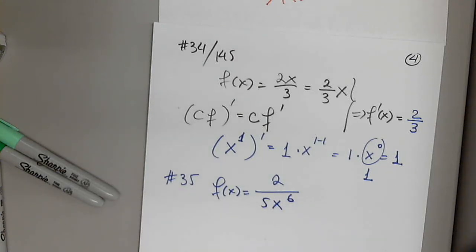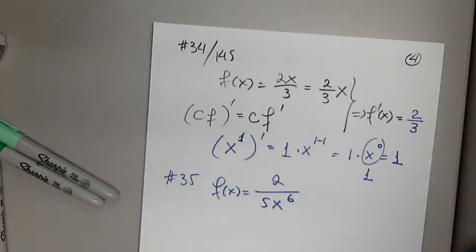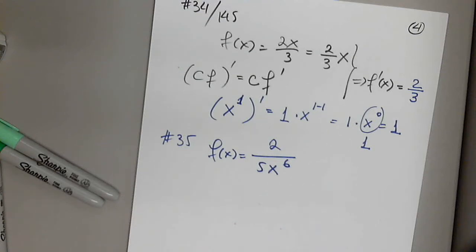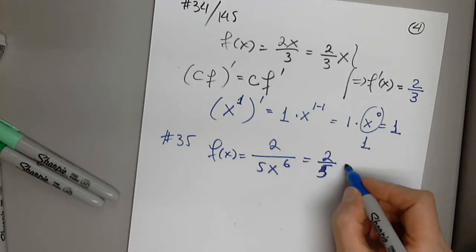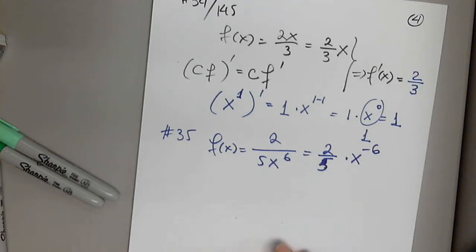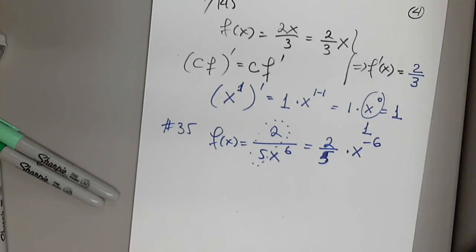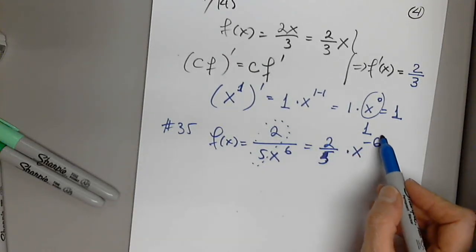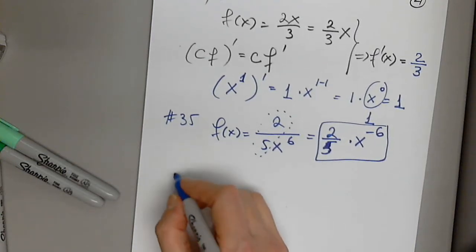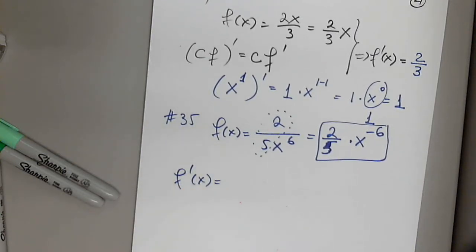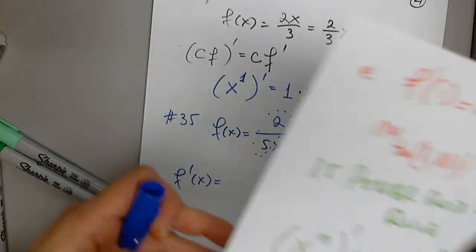Perfect. So here's what we need to do first with this problem. We need to understand or change it algebraically, 5 as x to negative 6. The 5 does not change, and it cannot be changed into anything. But 1 over x to the 6th has to be changed into x to negative 6. And now it becomes, I would say, not too difficult, because I have to bring the power down. Remember the rule?